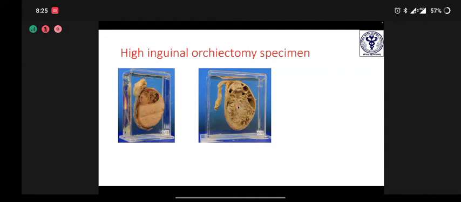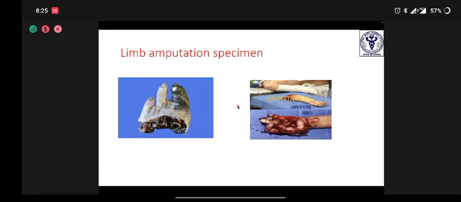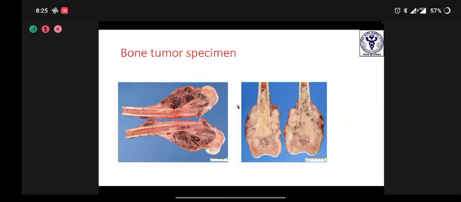Apart from that, sometimes you will also get an amputation, which is easy to identify because it looks like that, and nothing particular is going to be there unless there is a lesion like sarcoma or so. So you have to describe, and the questions will be about that. This is what you are expected to get, and you should be prepared for it.